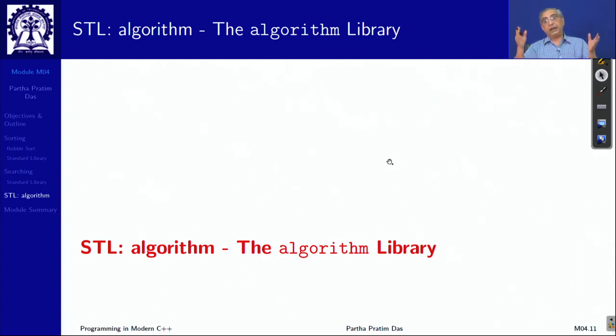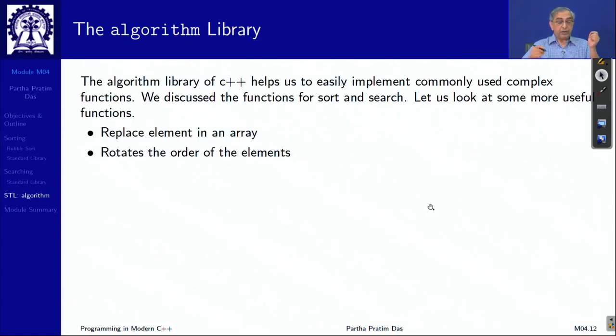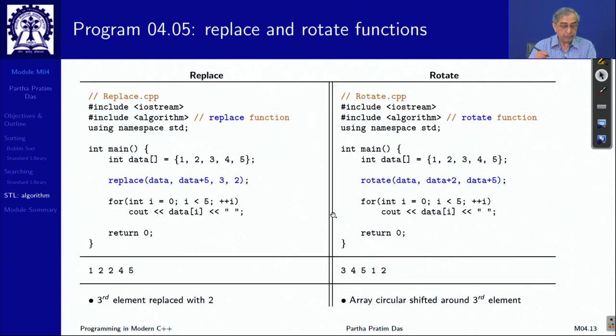Now, this algorithm library has several other functions as well, which are of great convenience. For example, you can replace an element in an array, you can rotate the elements in the array, which are things you require in various algorithms. So, here I have given code snippets to show the use of some of these functions. Replace will take the range, which now you have understood is the style of doing it.